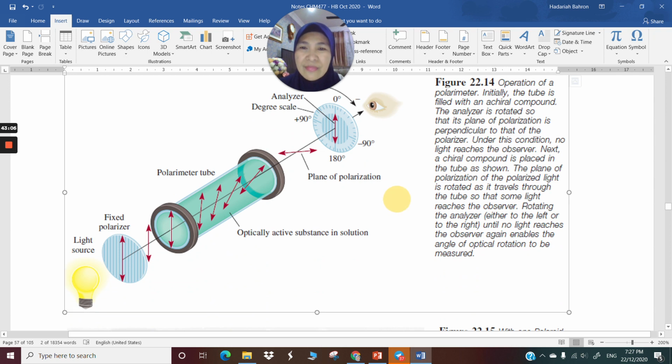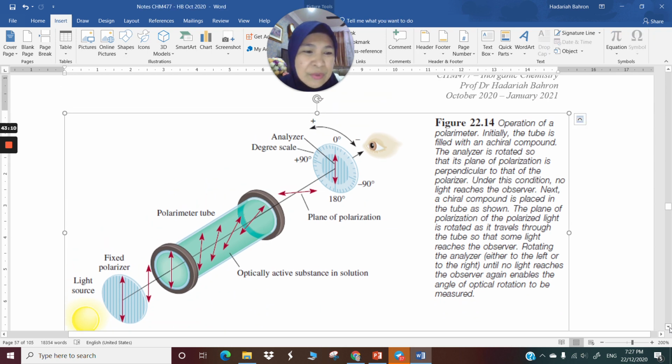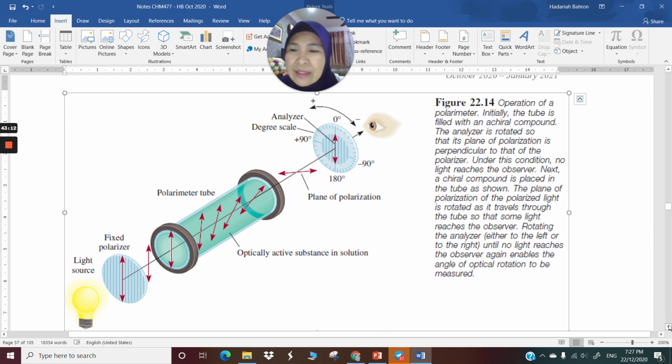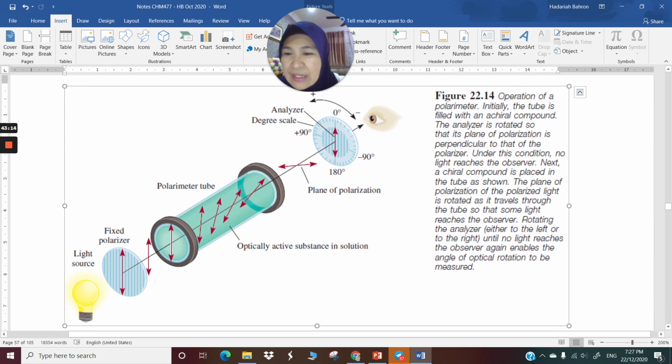Let me explain what I have just read to you through this picture. This is your light source. The light source will vibrate in all sorts of directions: to the top, to the bottom, to the left, to the right, in every direction.